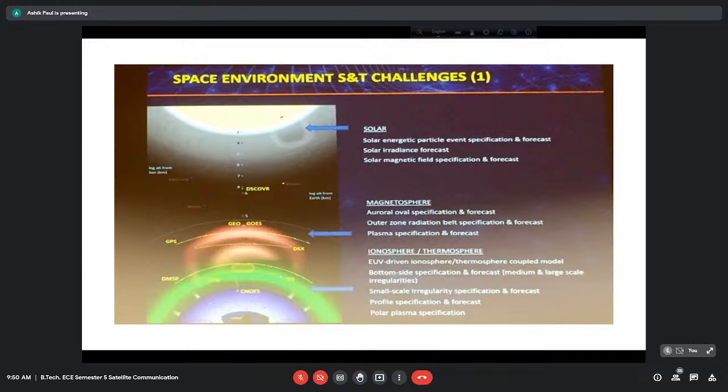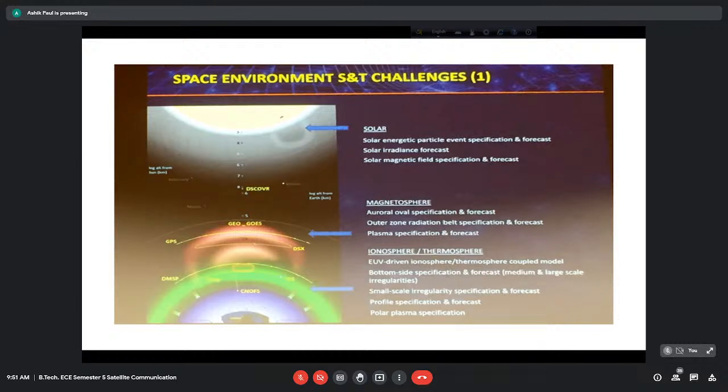So right from the sun, as you can see over here, going through the different kinds of interplanetary medium, we have been able to put satellites like Discover, which are quite close to the sun.